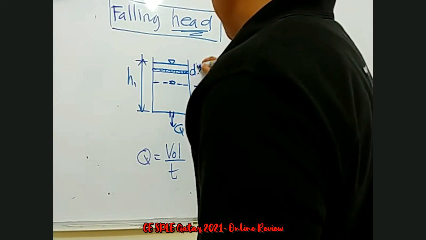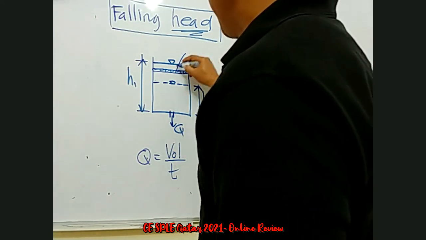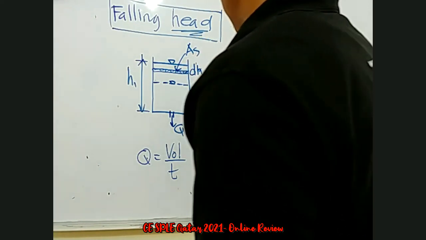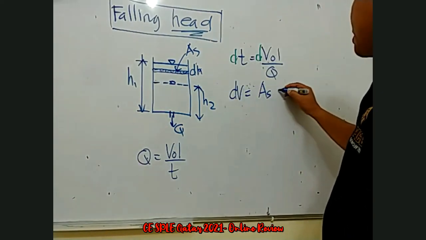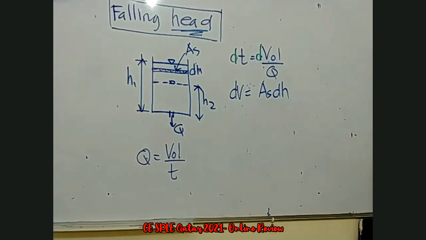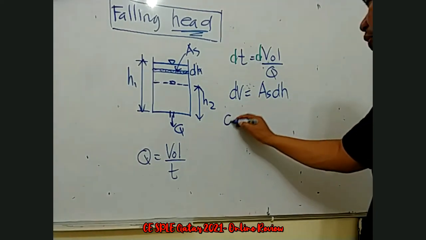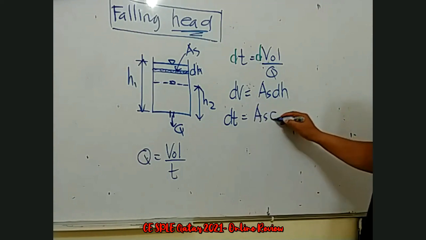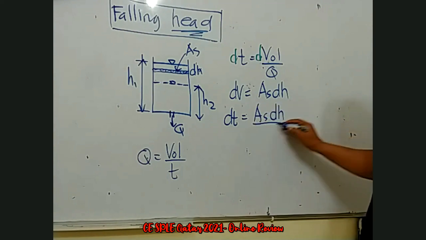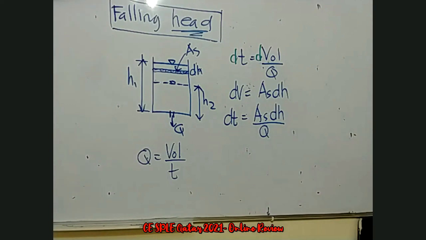Differential height. Alright? And meron kang surface area, AS, so your differential volume equals AS dH. Okay. Kaya your dt equals AS dx over Q. Ayan. Ganyan yung formula.